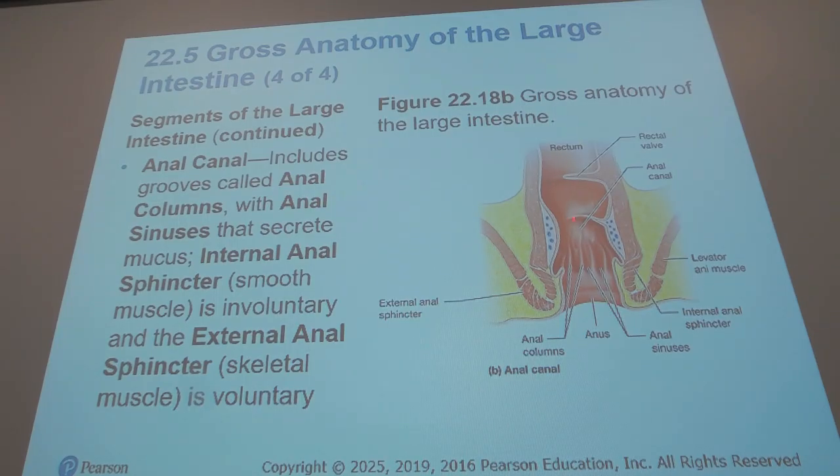So you want to have a smooth passage of the food outside of the body, passing into this epithelium, and then you have the epithelium of the skin, which is a stratified squamous epithelium with keratin. So these are the anal columns, and then in here we have the internal anal sphincter and the external anal sphincter.